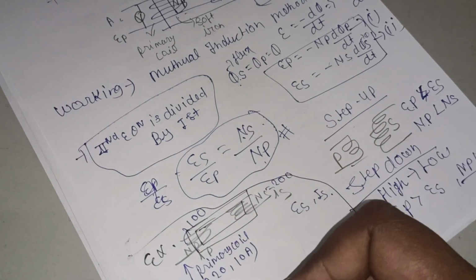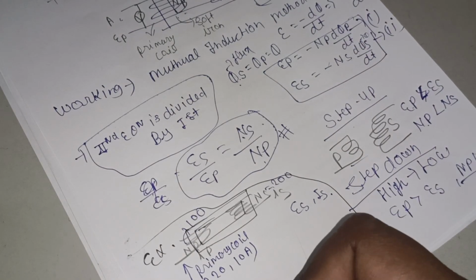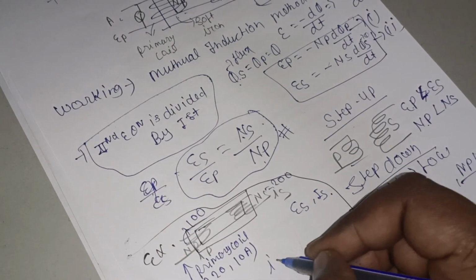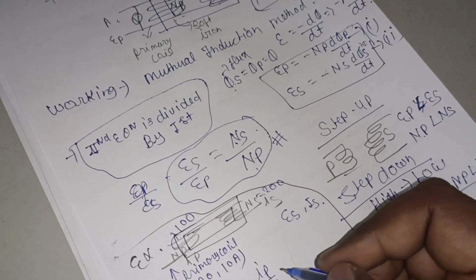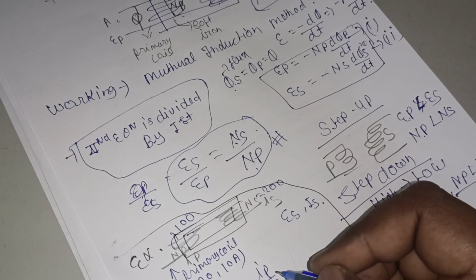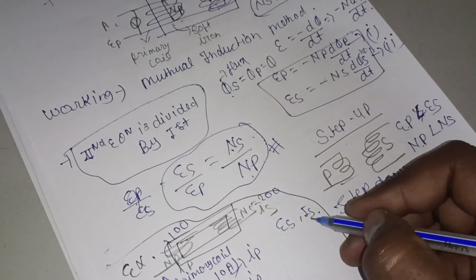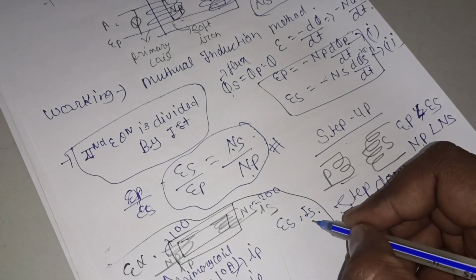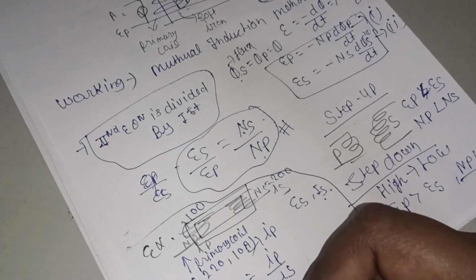We know the formula that ES upon EP is equal to IP upon IS. So it is IP in primary and we have to find IS.